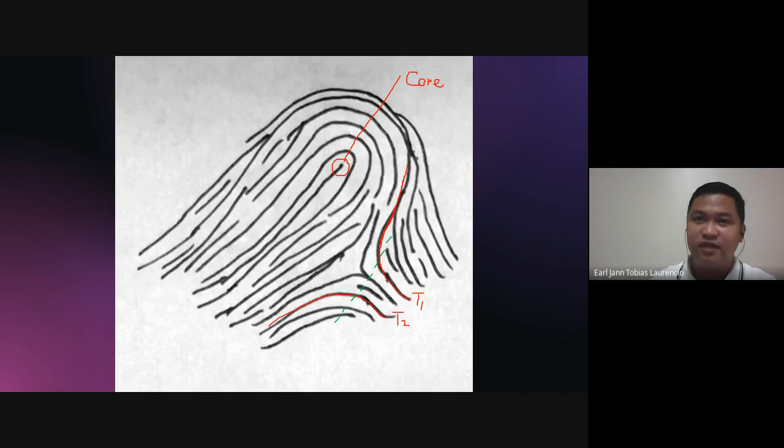If the bifurcation does not open towards the direction of the core, that's the time that we will select the tip of the short ridge near the point of divergence as the delta of the pattern. Okay? Let's move forward to the next one.